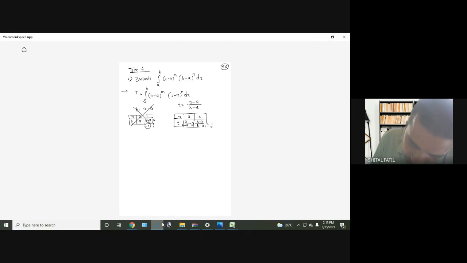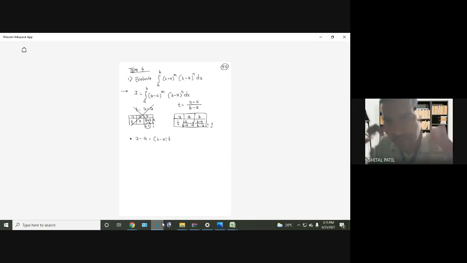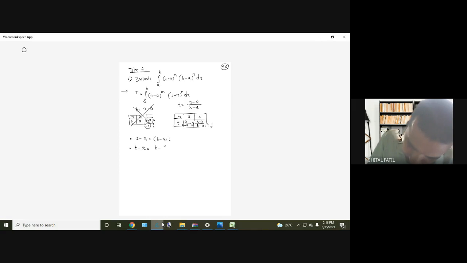Then x minus a is known to us. X minus a equal to b minus a into t. Okay. Then try to find b minus x. B minus x equal to b minus, what is x? Find x from here. Simplify this. Take b minus a outside.